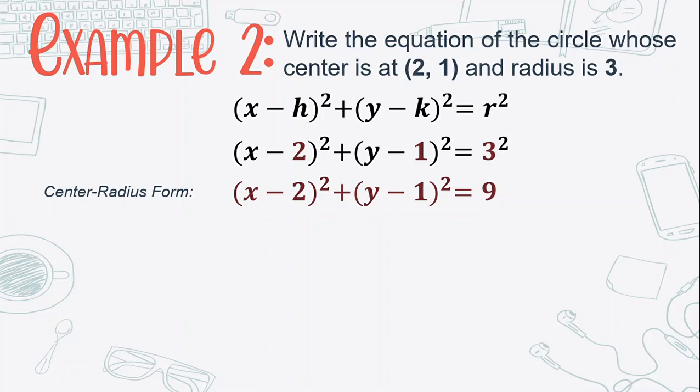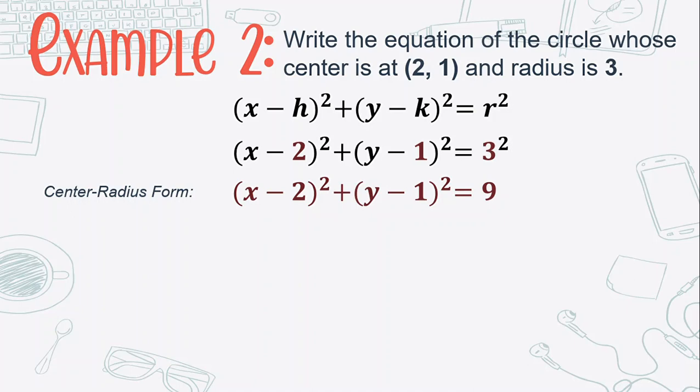Now, how are you going to transform this into general form? As you can see, we have (x minus 2) squared and (y minus 1) squared, meaning we're going to use the FOIL method to evaluate the following terms. Let's first evaluate (x minus 2) squared.